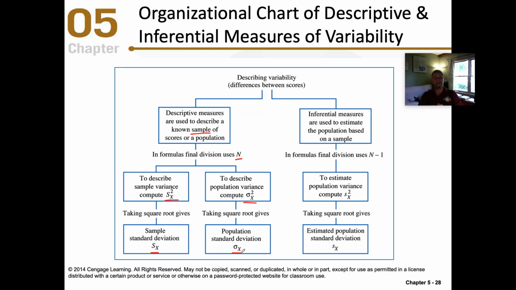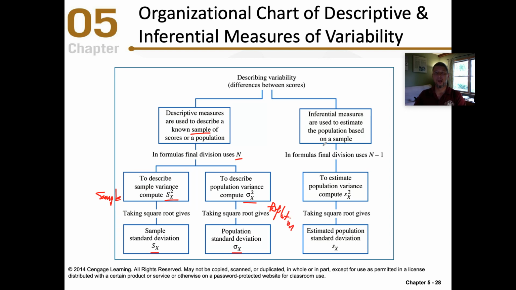Now, in both of these cases, I'm talking about describing something. So in this column I'm describing the sample, and in this column I'm describing the population. It's very difficult to write with a mouse.